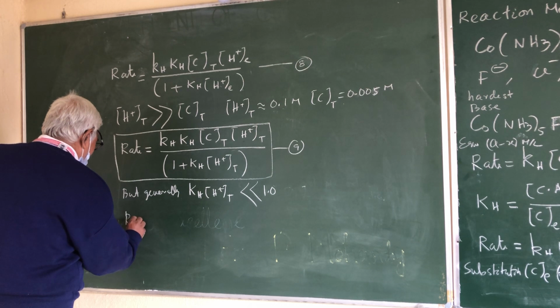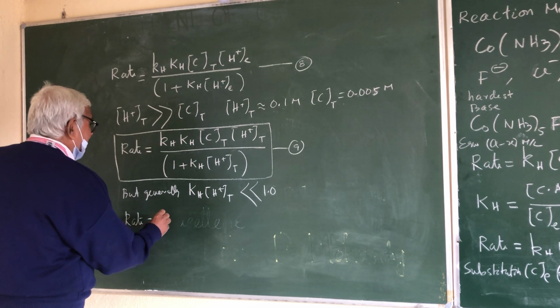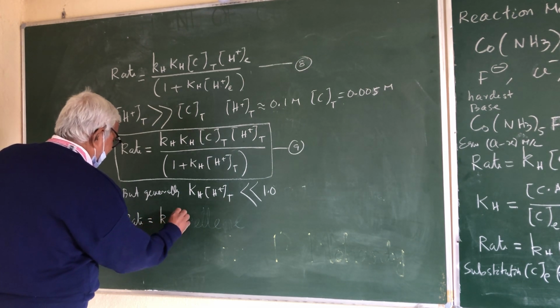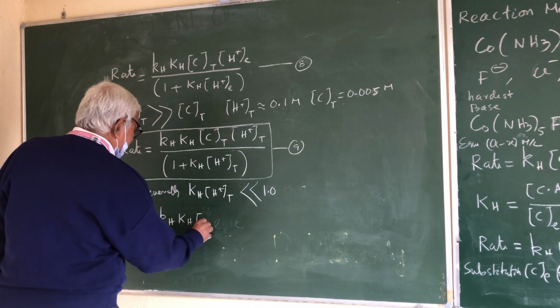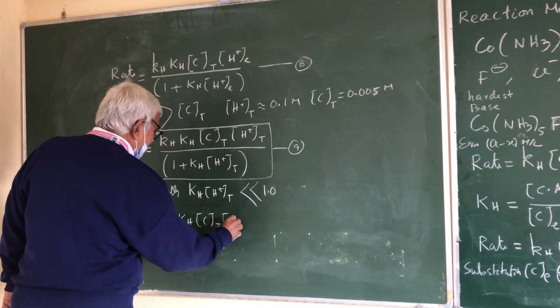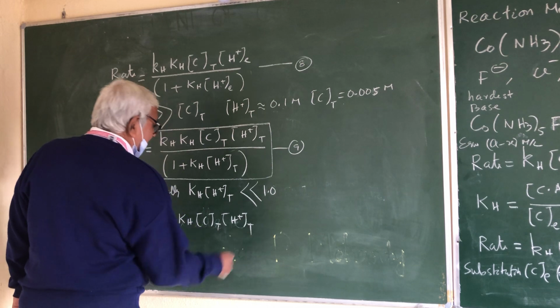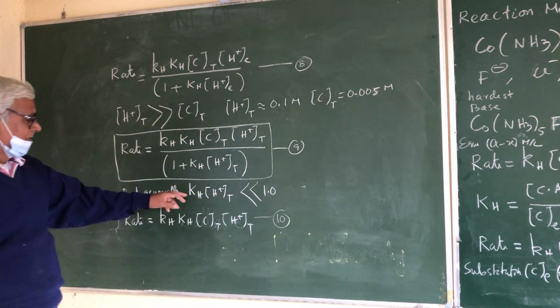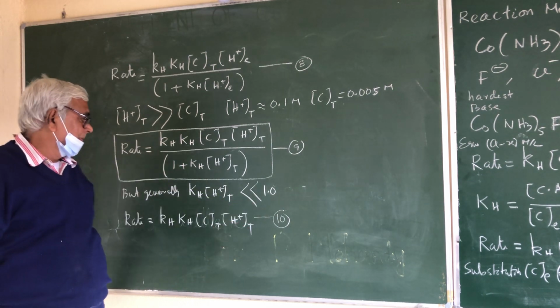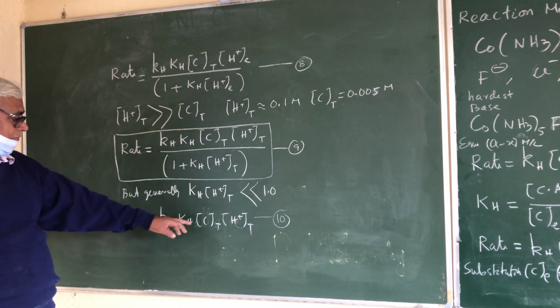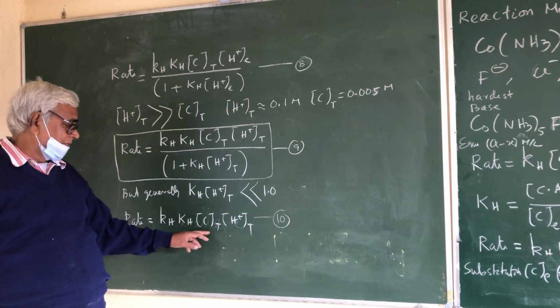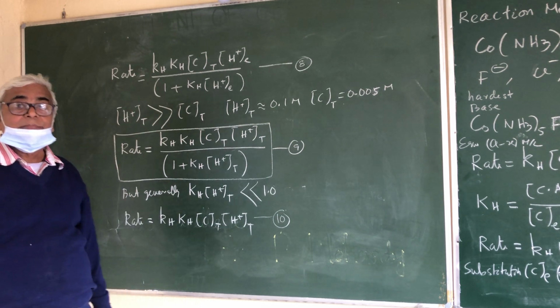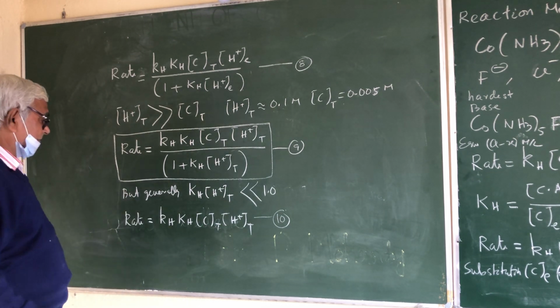So rate will be equal to kH into complex total into hydrogen ion total. If this term is neglected in comparison to 1, then the reaction will show first order dependence in complex total and first order dependence in hydrogen ion total.